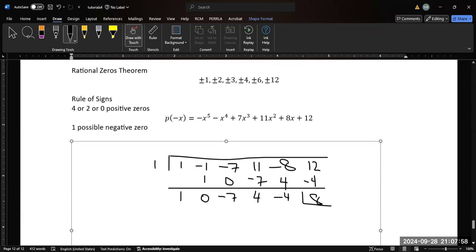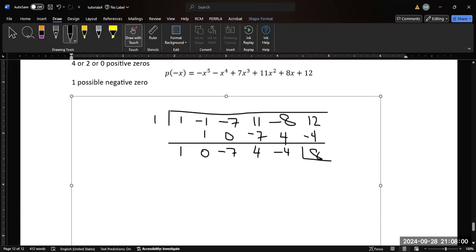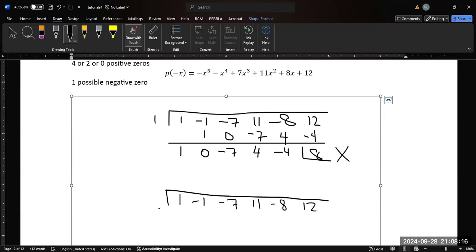So I'll go on to 2. So put a big X there. 1, negative 1, negative 7, 11, negative 8, and 12. We'll try the 2.